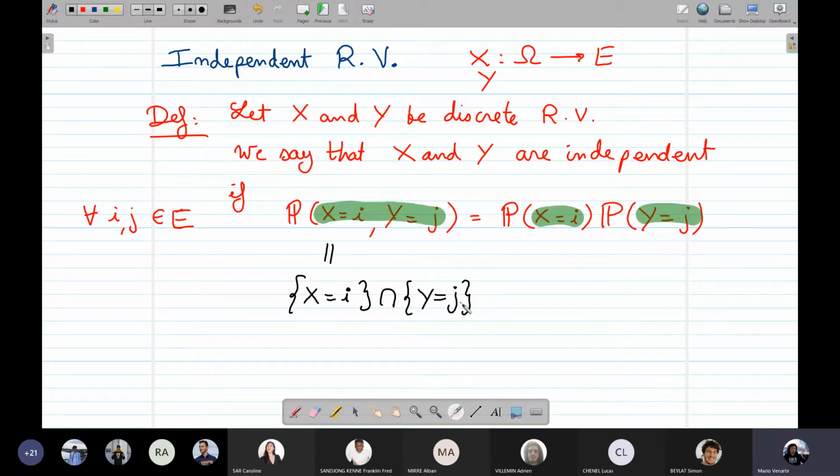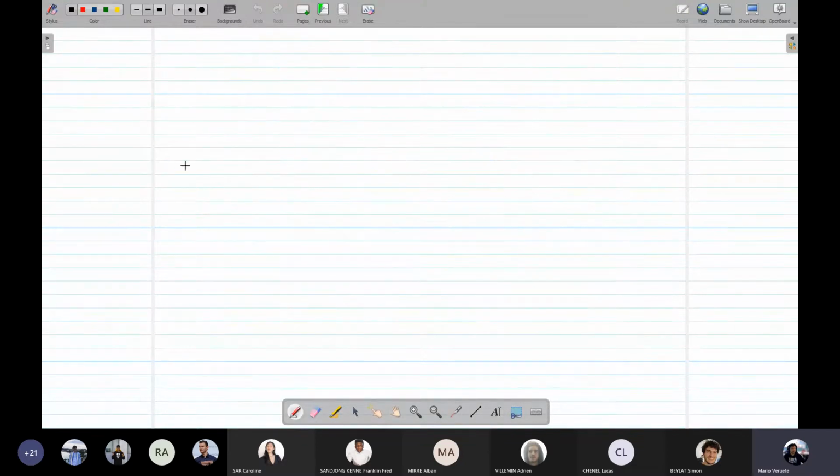Well, you can generalize, of course, this definition to n random variables. You are not restricted to only two of them, so you can just use this little generalization. I will say that x1 is independent of x2, independent of xk.